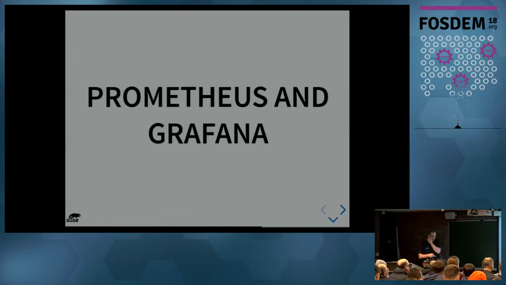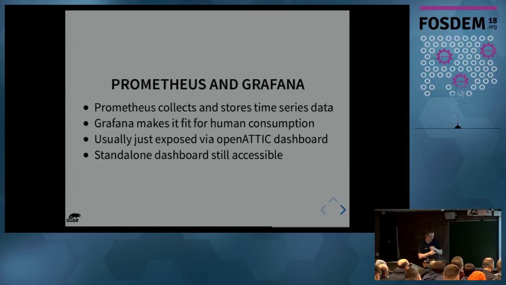While I already talked about Prometheus and Grafana, let me just tell you a little bit about what it is. I guess you already heard. I know they have a separate booth and there are separate presentations about it, but just to wrap up, Prometheus is a time series database. It collects all the data via its node exporter, for example, or Ceph exporter.